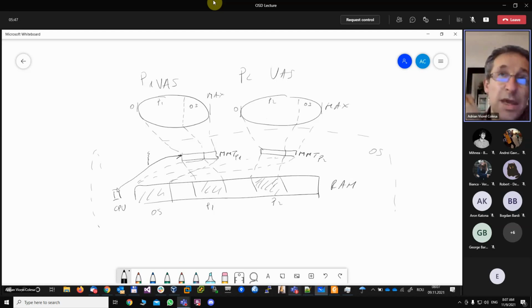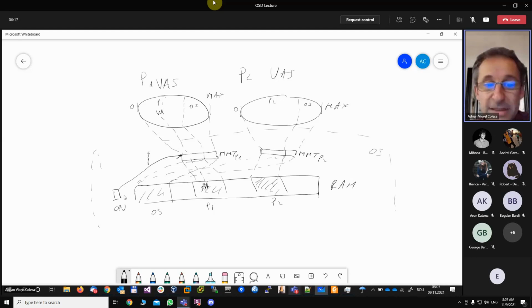Actually, we say it is the architecture providing the paging mechanism. But let's say that the CPU must know about the virtualization of the memory, and it is the CPU which translates from virtual addresses into their corresponding physical addresses using those mapping tables.